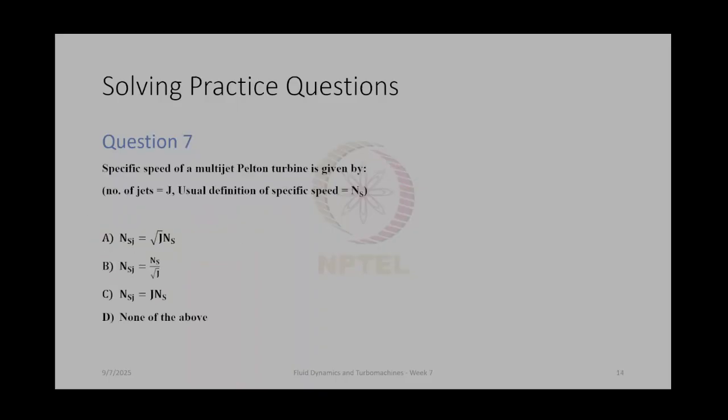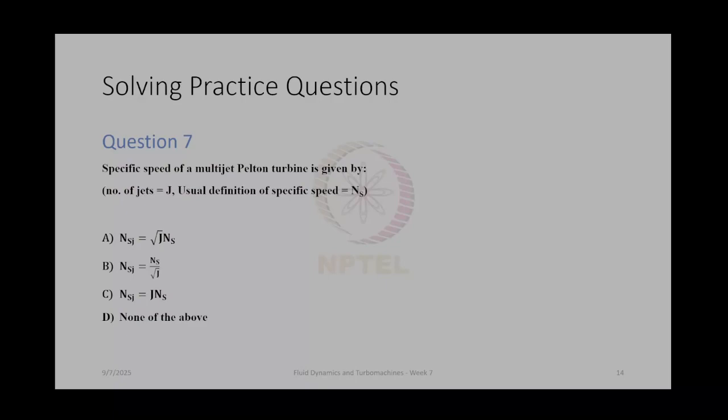Let's move on to question number 7, which is asking that the specific speed of a multi-jet Pelton turbine is given by what? Given that the number of jets being used is J and the usual definition of the turbine specific speed is Ns. Now, how would that get modified when multiple jets are being used?